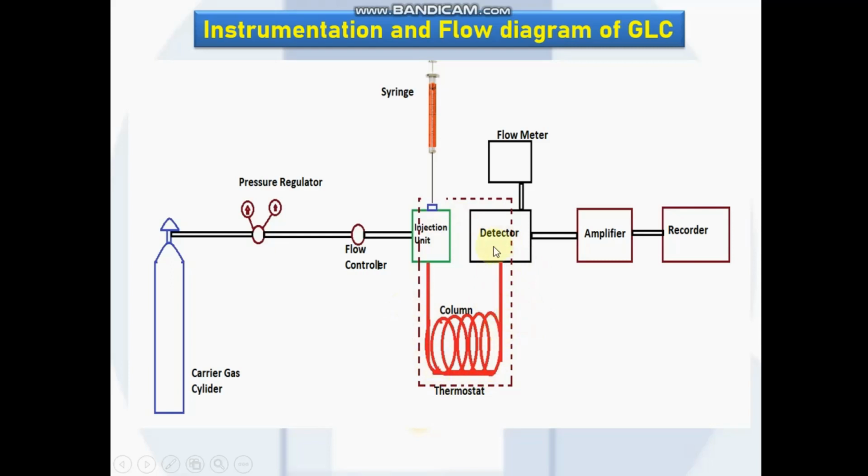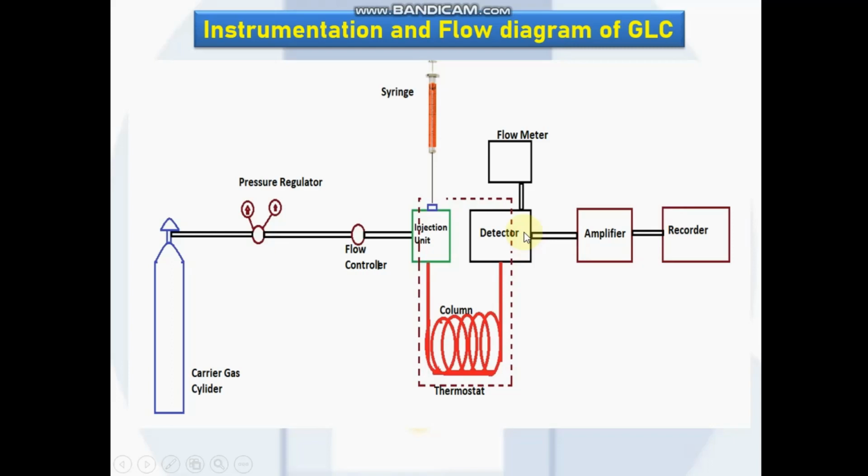Then each component that comes out from the column is immediately detected by this detector, and this detector is connected to a flow meter which measures the flow of components, and then connected to an amplifier, and the amplifier is connected to a recorder.